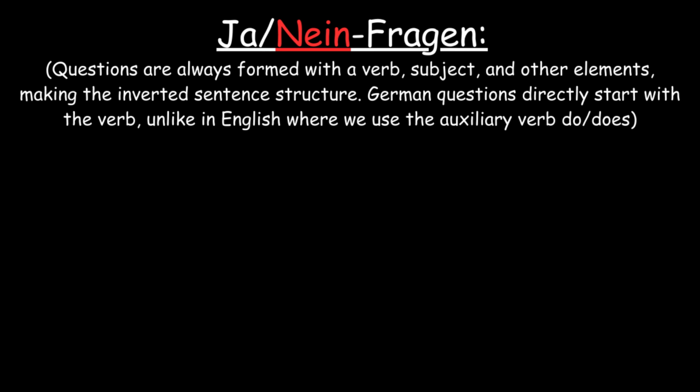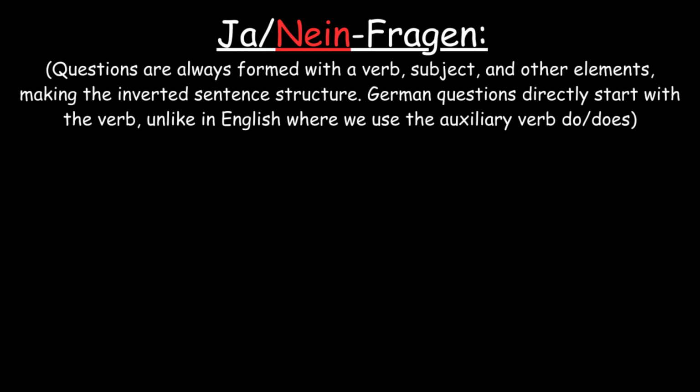Moreover, it's significant to know how to answer yes or no questions with negations. Since the responses can only be ja or nein, we'll focus on nein because it's negative. In German, questions are always formed with a verb, subject, and other elements, which makes the inverted sentence structure.